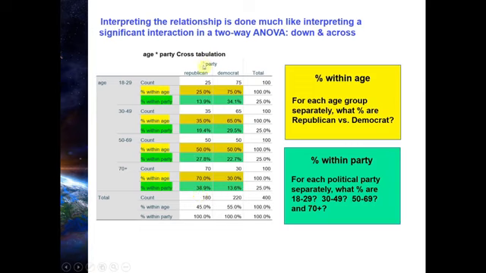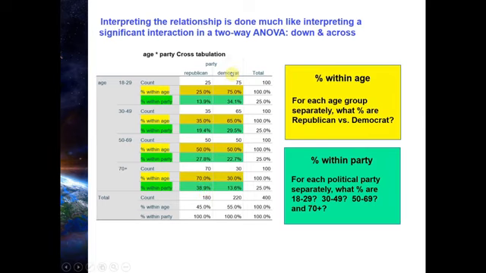Okay, so you're looking at just the Republicans and saying, how was age distributed? So now you need to look at this green cell, this one, and this one. And those four numbers should add up to 100%. Okay, so of the Republicans, we can see if we look at these numbers, the majority, 38.9% of them, were older, right? This last age group was the one that occurred the most frequently among Republicans.